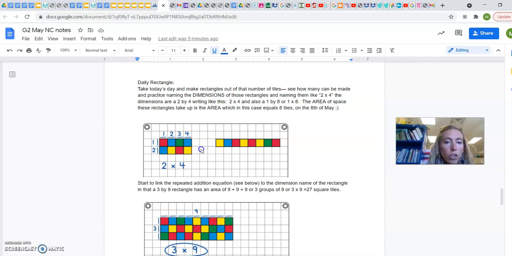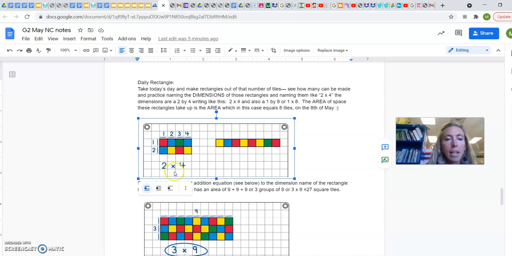So this one's showing the 8th of May, and then being able to write this rectangle, we could call it a 2 by 4. The dimensions are 2 by 4, and we could write that as 2 times 4. That times represents the word by, a 2 by 4 rectangle. Whereas this one is going to be a 1 times 8, or a 1 by 8 rectangle.